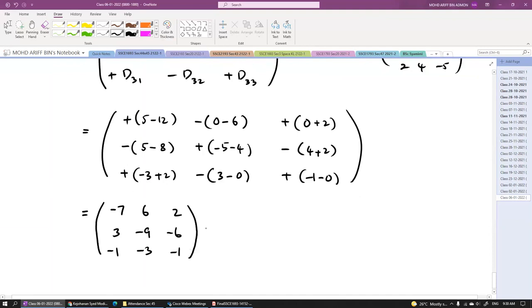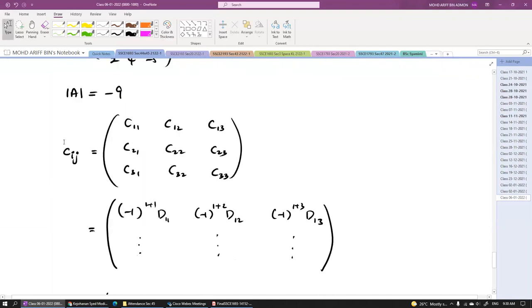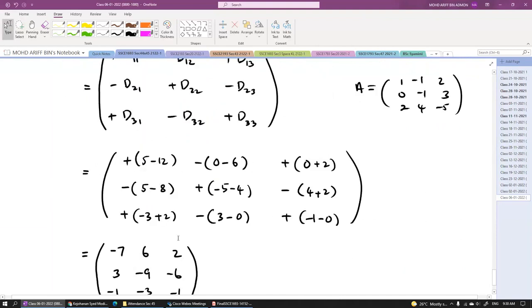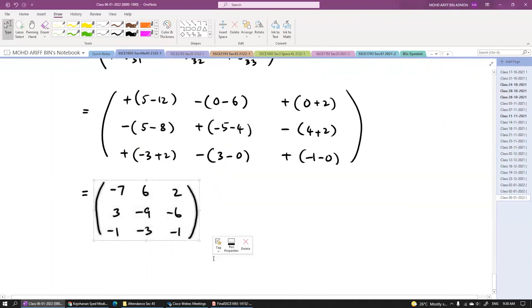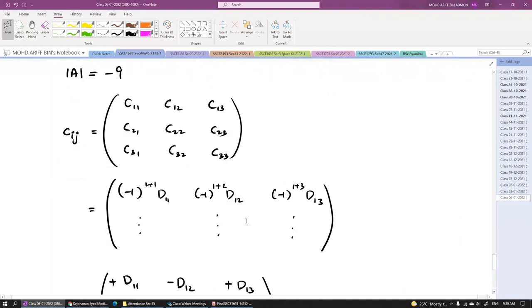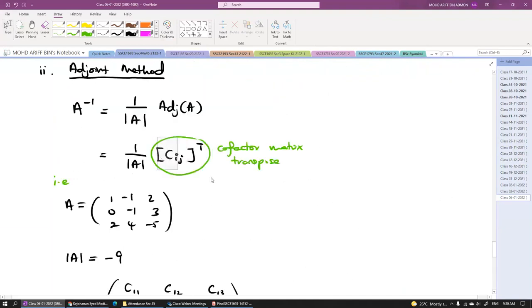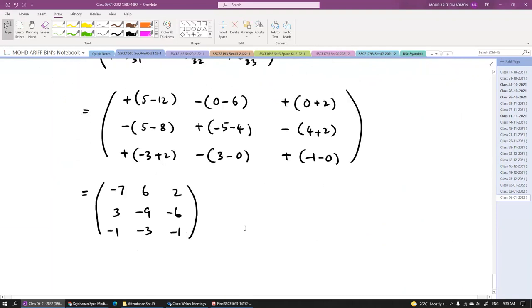Now this is your cofactor matrix. We just obtained our cofactor matrix. But don't forget, if you wish to calculate the inverse, we require the cofactor matrix transpose. Transpose means that we will change the position.